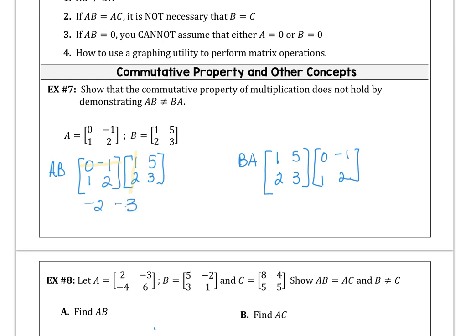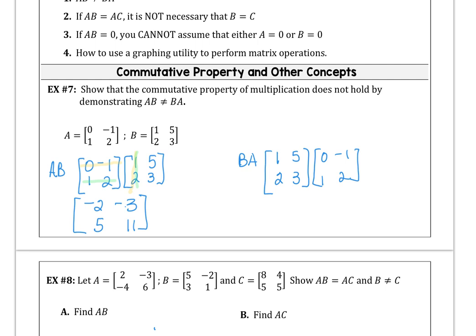Then in the second row, first column, 1 times 1 and 2 times 2 is 4 plus 1. We get a 5 there. And then second row, second column, 1 times 5 plus 2 times 3 is 5 plus 6. That's 11. So AB is -2, -3, 5, and 11.